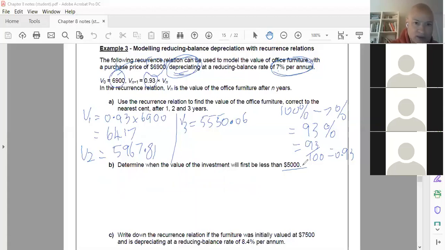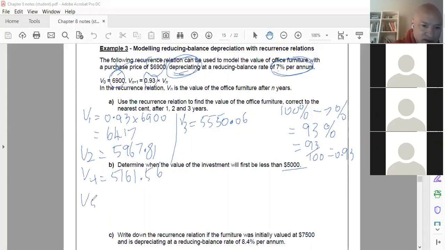5,550.06 times 0.93. That's V4 equals... V5 equals... $5,161.56. That's still too high.